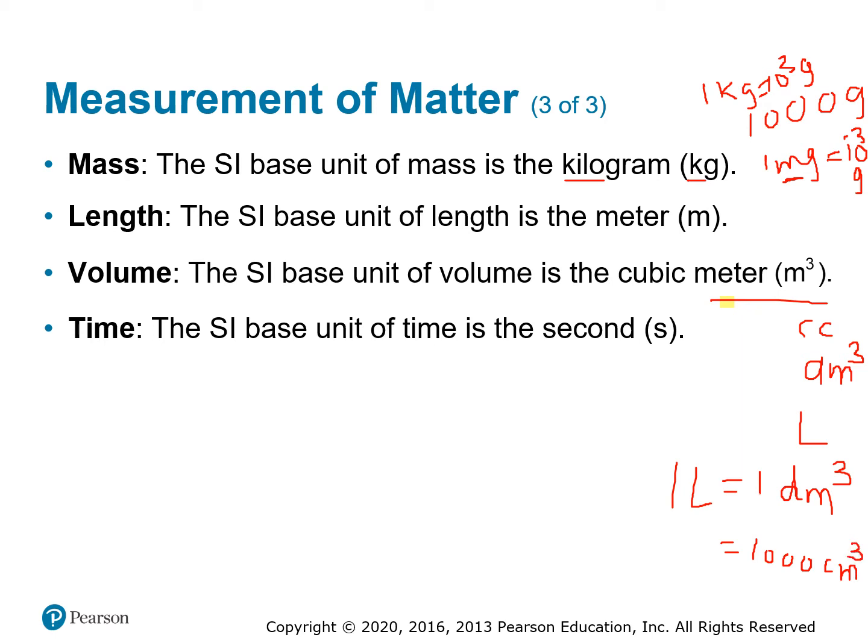So 1 milliliter is another unit commonly used while measuring volumes in the lab. So 1 milliliter is also referred to as 1 cubic centimeter or 1 cc. So you might hear that term. Sometimes people say, how many cc's of water? That means how many cubic centimeters of water. In other words, how many milliliters of water.